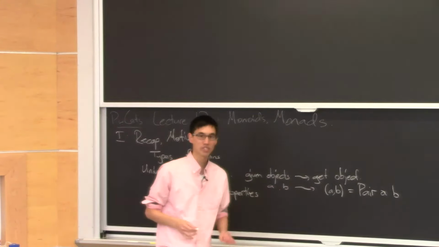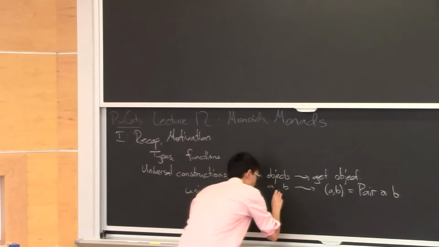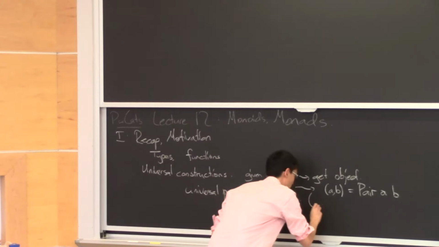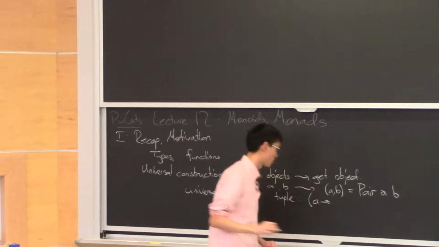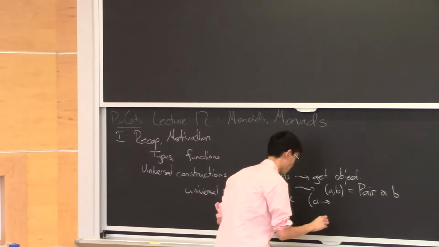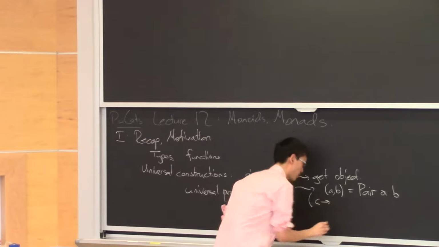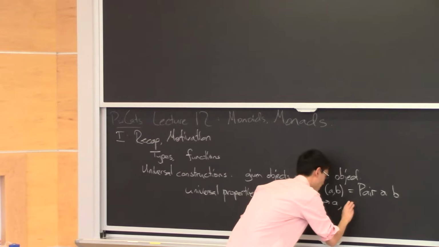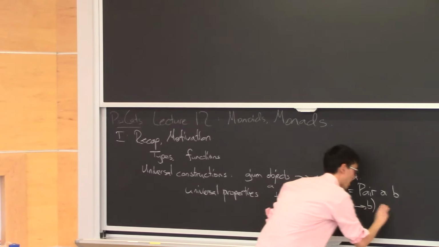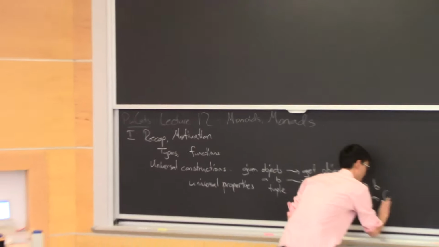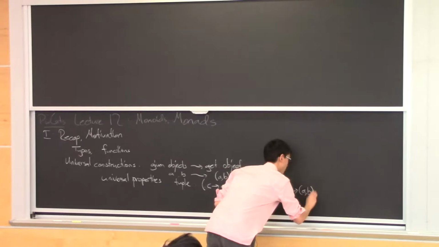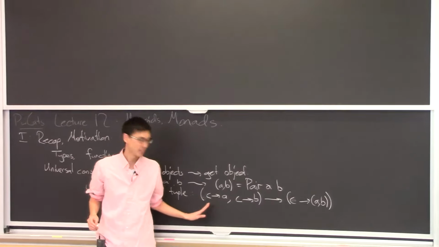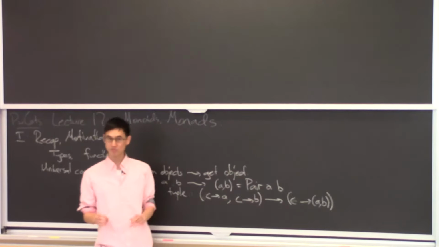So with this product type, we had this idea of tupling, which is expressed through this function called tuple, and it says if we want to construct a function into a pair, then I can take a pair of functions, C to A and C to B, and I get a function from C to the pair A B, right? So this is ostensibly a harder problem, but it can be solved by solving these two easier problems of constructing functions into the factors.